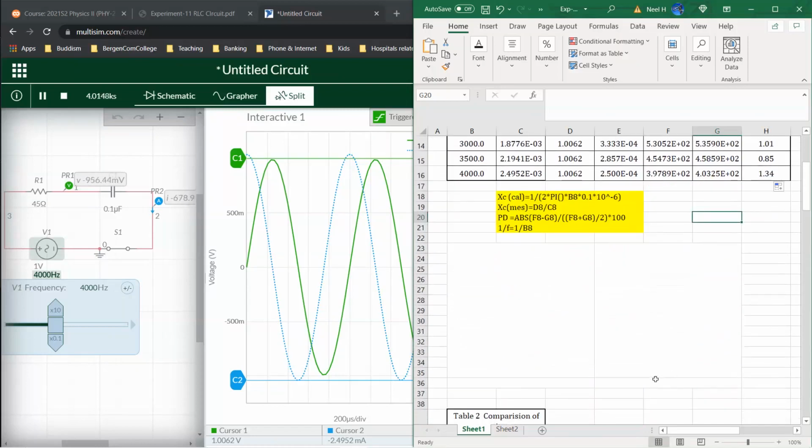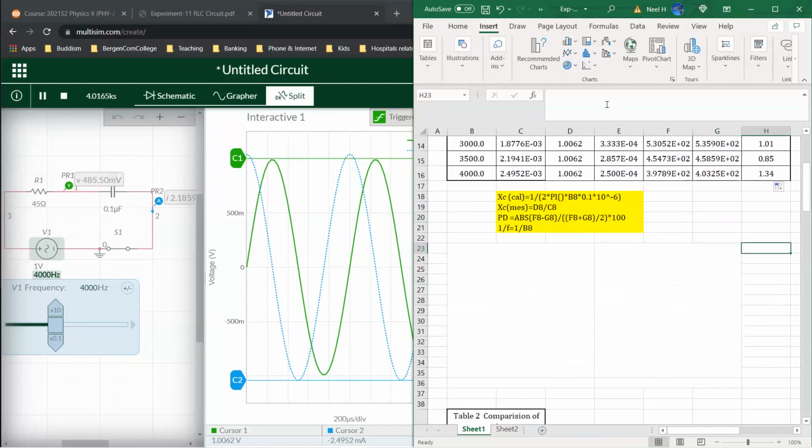So we can make the graph actually, because we would like to see how the reactance behaves across the capacitor as a function of frequency.